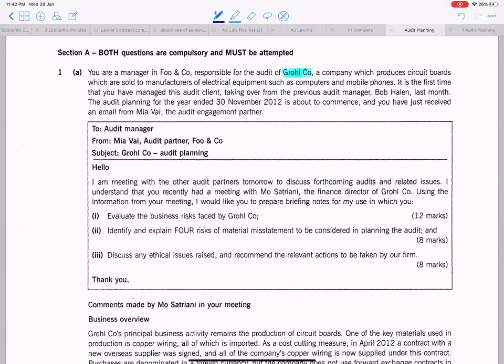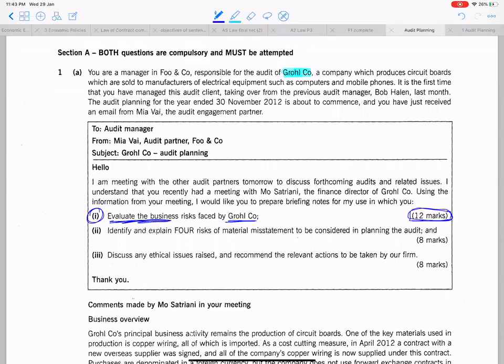Okay, now. We are attempting part 1, evaluate the business risk faced by Grohl Company, and this will give us 12 marks. Okay, now please concentrate on how I identify the risk and most importantly, how I draft the risk.